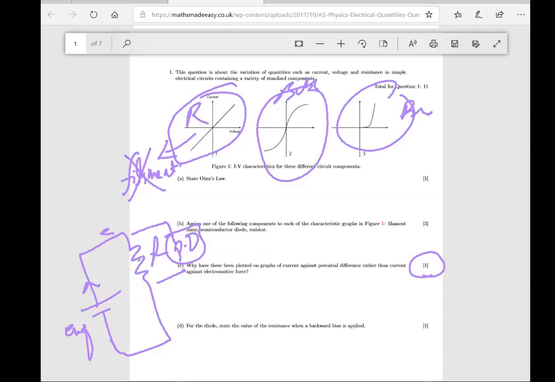The potential difference is the work done by the electron. Yeah, energy used by the component. I'm talking about this, not that.